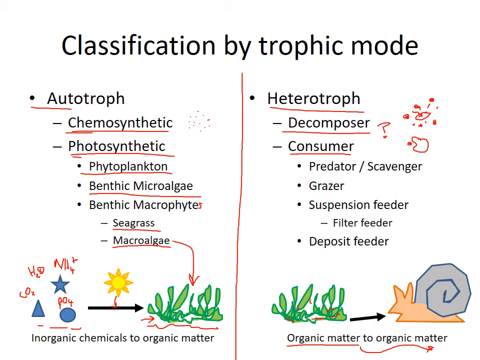So it sort of digests the food outside the body and then absorbs the nutrients into itself. And that's the difference between consuming and decomposing, if you want to get technical.